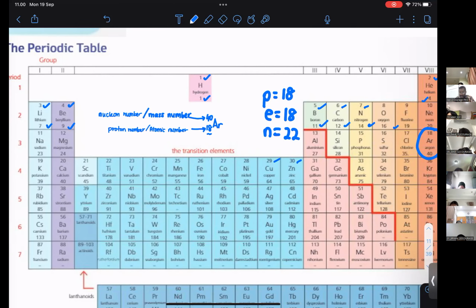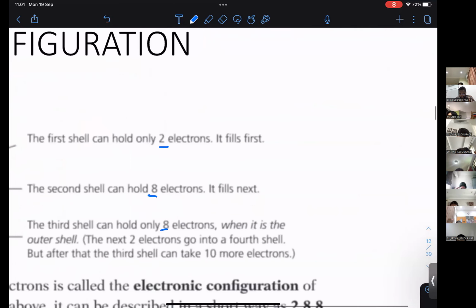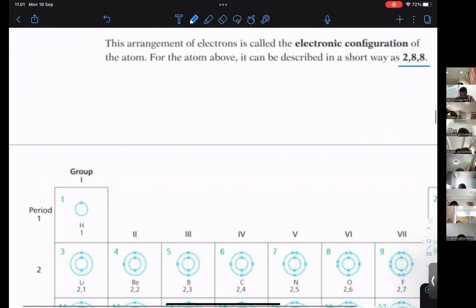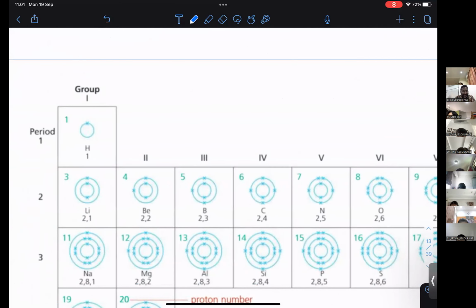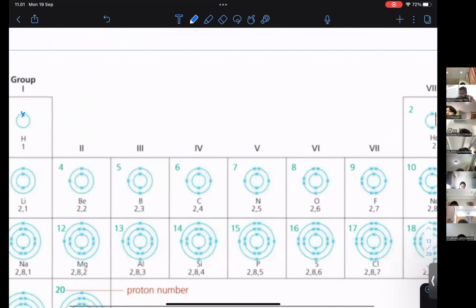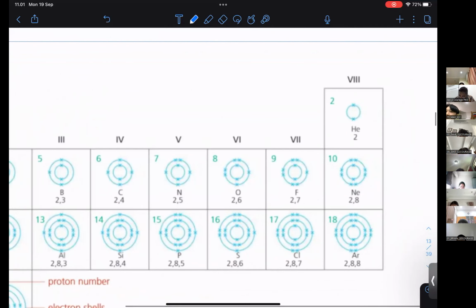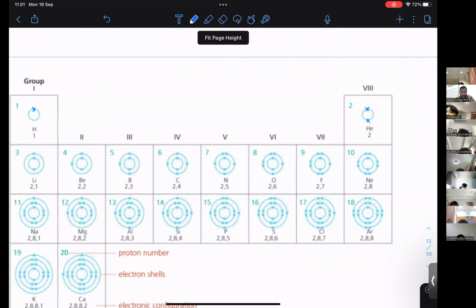Because we arrange according to the number of protons, which is the same as the number of electrons, you can see that group 1 will have 1 valence electron. Group 2 is special. This one is group 8, which has 2 for helium only.